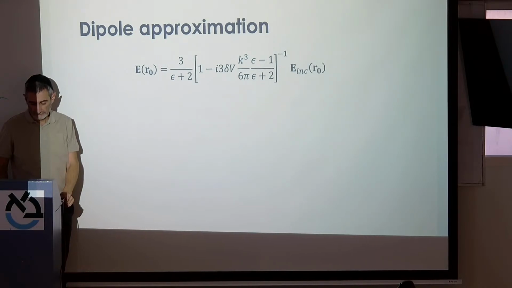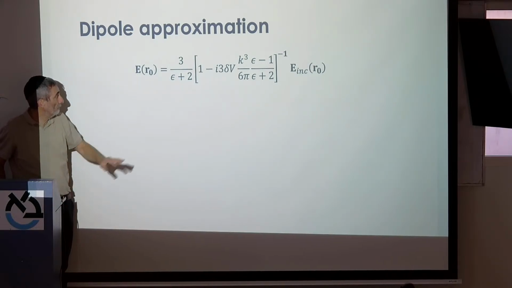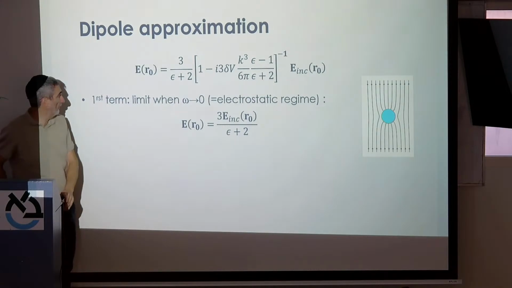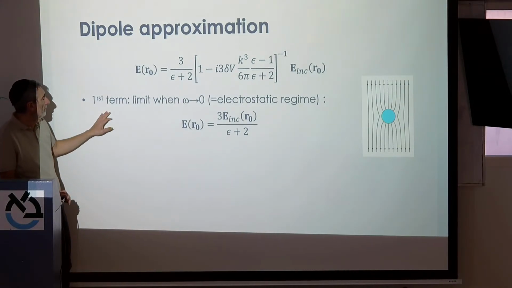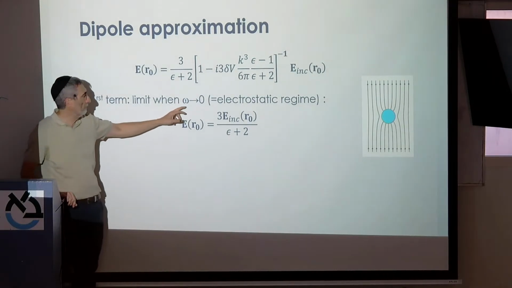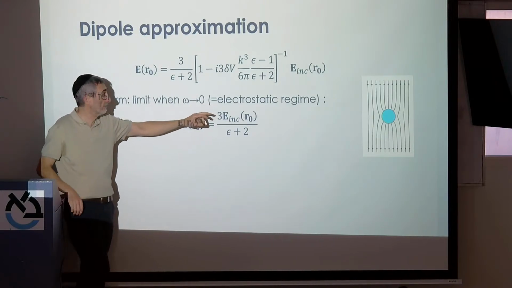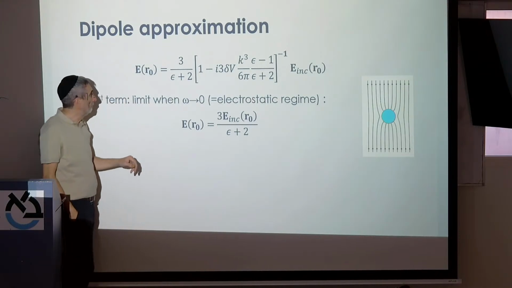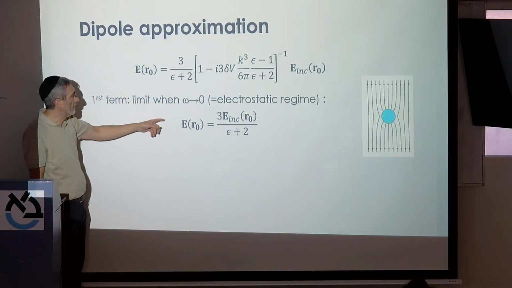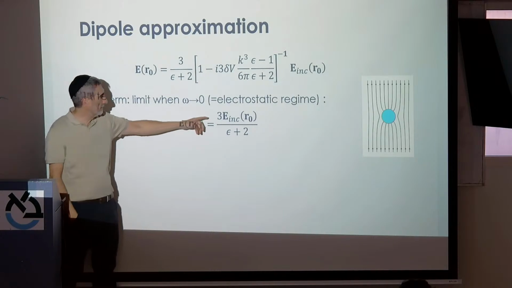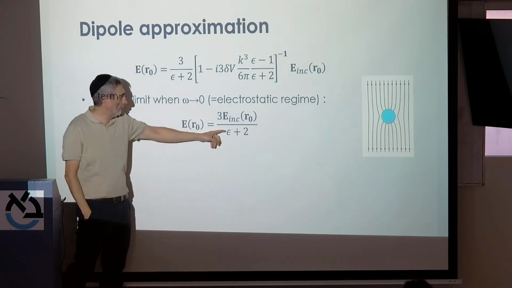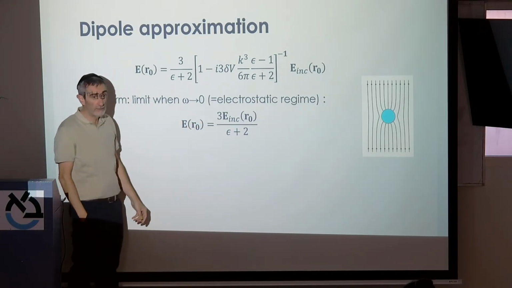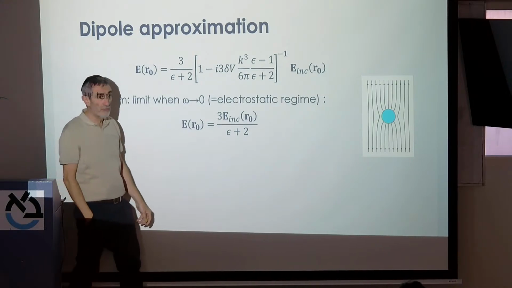So that's nice. We can give some interpretation here. For instance, if you look at the first term, in the limit where omega goes to 0, the electrostatic case, this term goes to 0, and you find that the field inside the scatterer is 3 over epsilon plus 2 times the incident field, and this is well known in electrostatics.